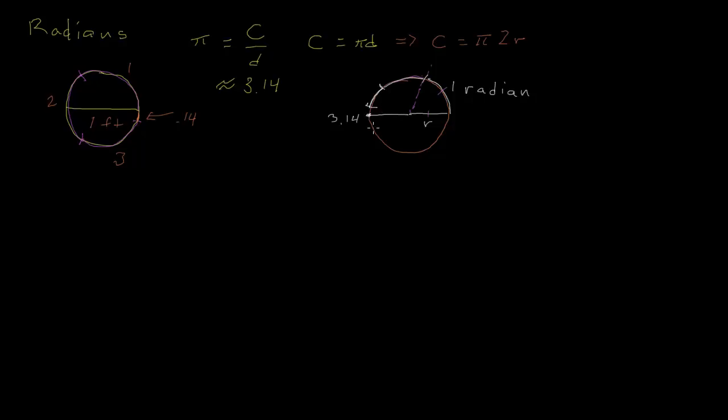And if we keep going, here's about 4, 5, it's about here. 6, I'm just saying there's 6 radians. And when we get all the way around, we're at about 6.28, or 2 pi radians is a full circle.